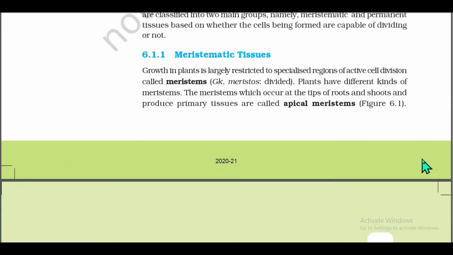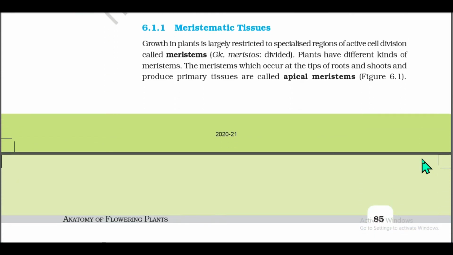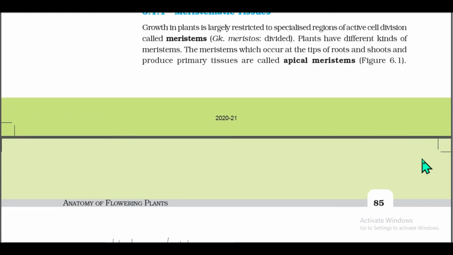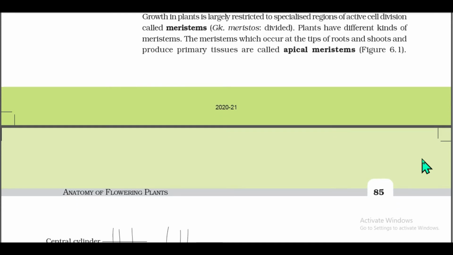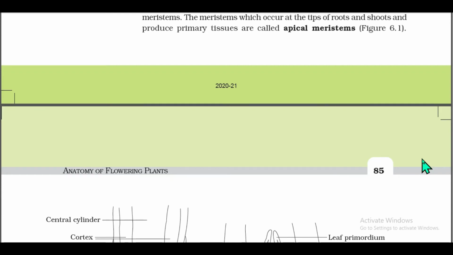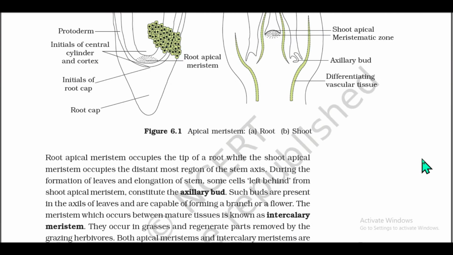6.1.1 Meristematic tissues. Growth in plants is largely restricted to specialized regions of active cell division called meristems. Meristos means divided. Plants have different kinds of meristems. The meristems which occur at the tip of roots and shoots and produce primary tissues are called apical meristems.